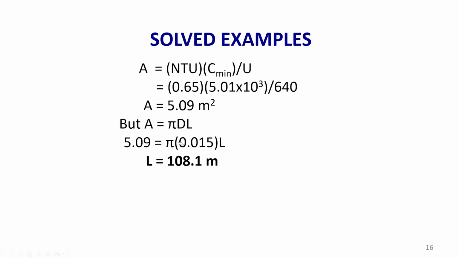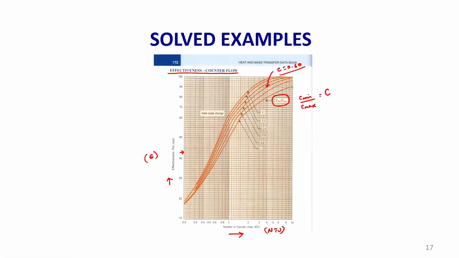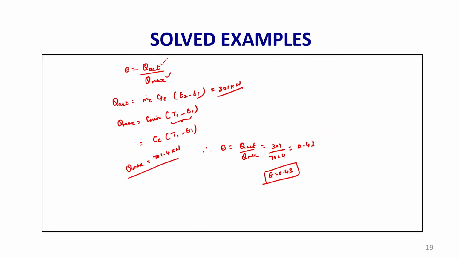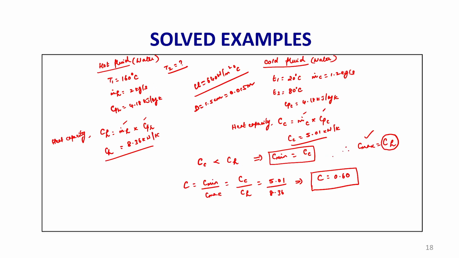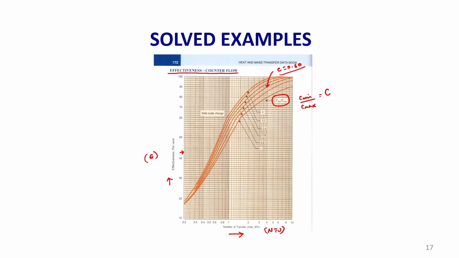So if you use the chart, this is 43 percentage. I know the epsilon value, I know the C value, so find out the intersection point.